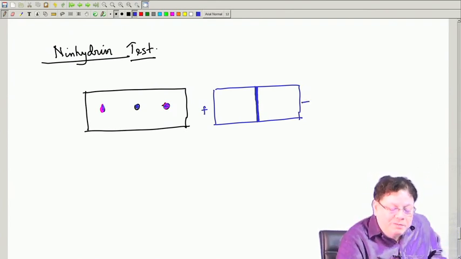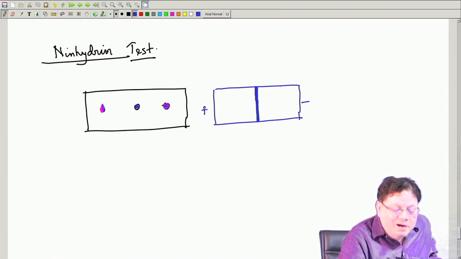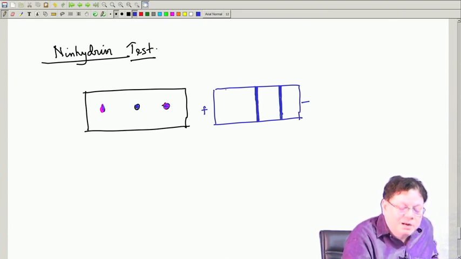So, now what will happen? Alanine will remain here. I am taking the same example like earlier, and there will be glycine somewhere here and aspartic acid depending on the mobility, as I said.